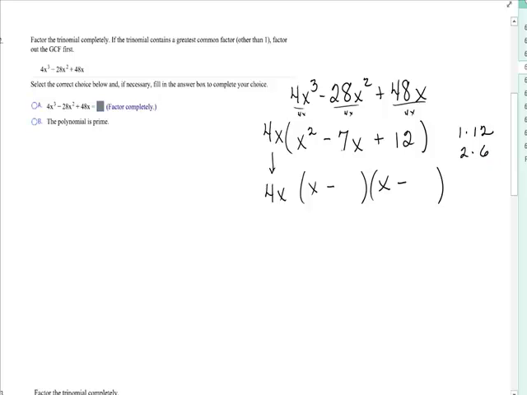Do those add to be 7? No. 3 times 4. Do those add to be 7? Yes. 3 and 4. X times x is x squared. Outer product, negative 4x. Inner product, negative 3x. Those combine to be negative 7x. Negative 3 times negative 4 is 12. You need to write all of this down as your answer.